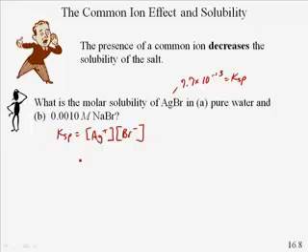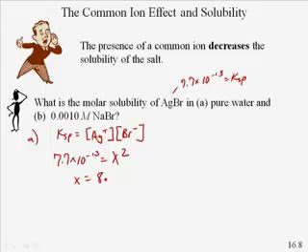So in pure water, that's how much of the silver bromide, it's how much silver will be dissolved, how much bromide will be dissolved, and how many moles per liter of the silver bromide dissolved.